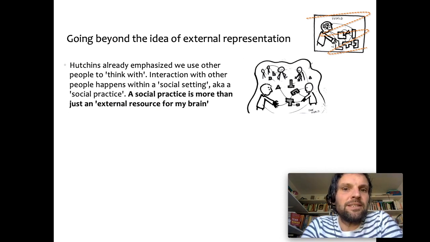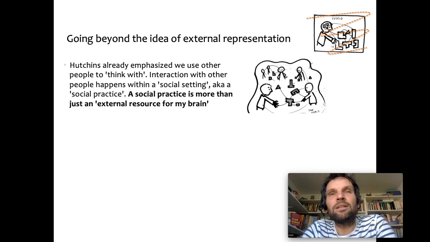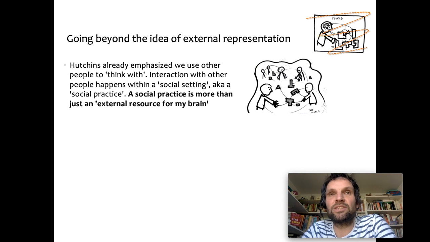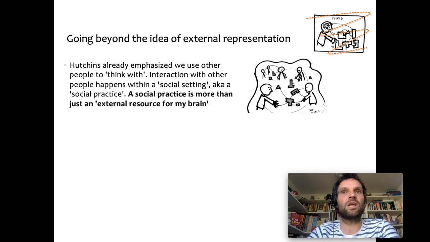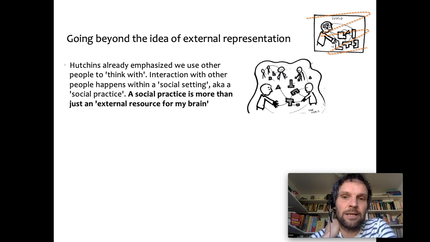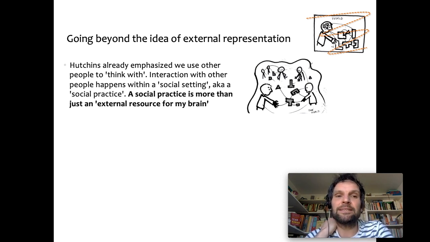So going beyond the idea of external representation, this is one way of looking at embodied interaction: saying embodied interaction means that people use external representations. And if designers make use of that, they're doing embodied interaction design. And that's true, and most of tangible interaction is like that.